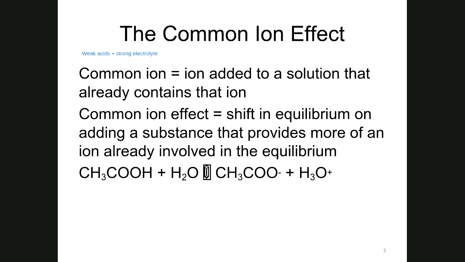And that's how you'll be able to identify that the common ion effect is occurring. So here we have a solution of acetic acid. We know that acetic acid with water is only going to partially dissociate. So actually there should be the equilibrium arrows here. And it'll partially dissociate into acetate and hydronium.